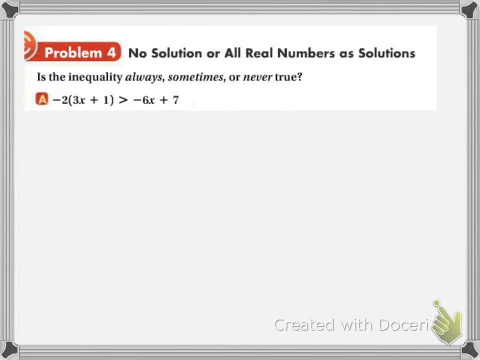In this next problem, they're asking, is the inequality always, sometimes, or never true? This is going to tie into what we did last section in 1.4. So let's solve through this inequality and see what we find out. We'll carry out the -2.